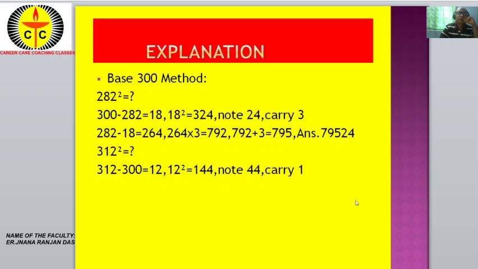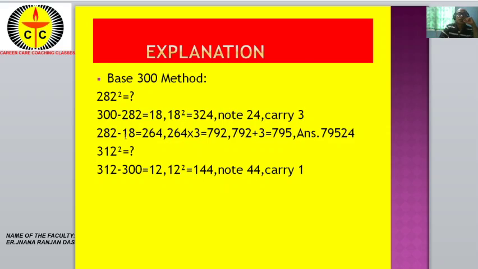Similarly, in the 300 base method, we can take a number, that is 282. We can find the square of the number. This is 300 minus 282, that is 18. And take the square of 18. This is 324. And note 24 and carry 3.